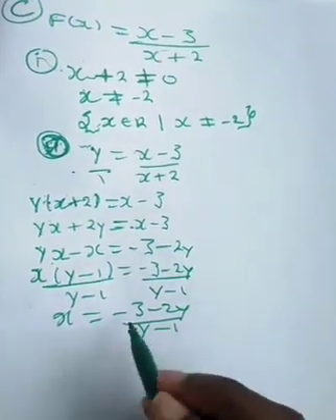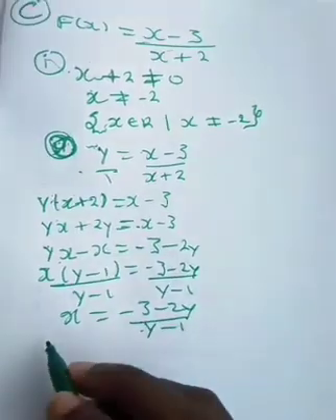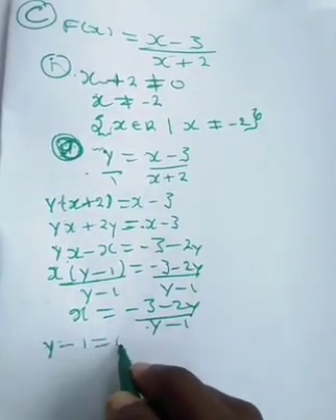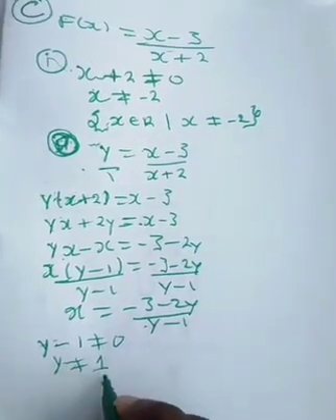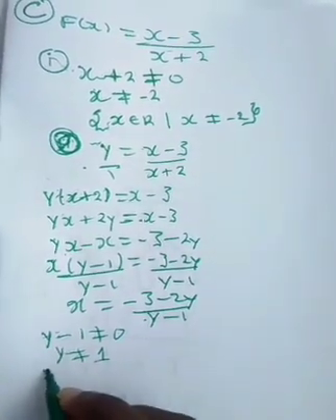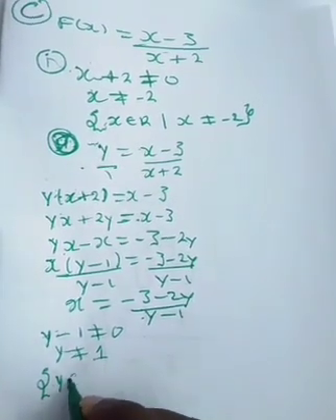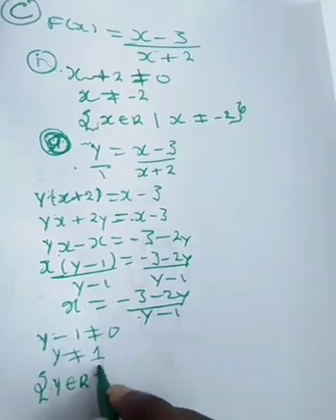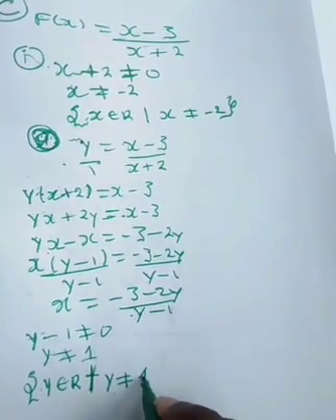And where we have y in the denominator, simplified like this, we now say y minus 1 cannot be equal to 0. y should not be equal to 1. So the range can be all possible values of y which are real numbers, but y should not be equal to 1.